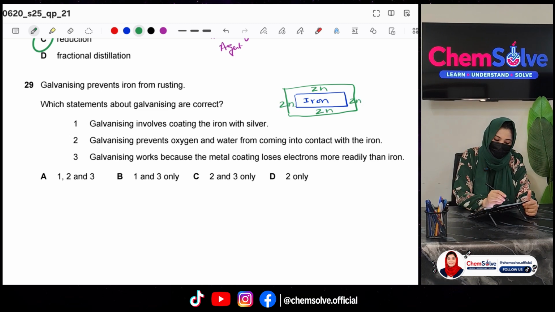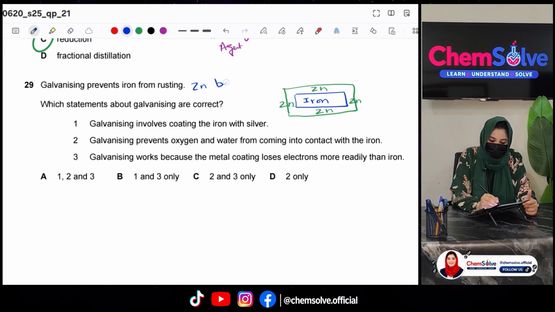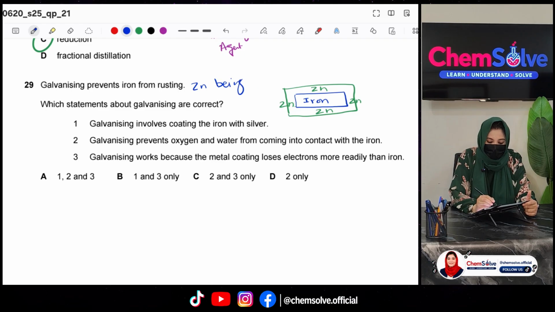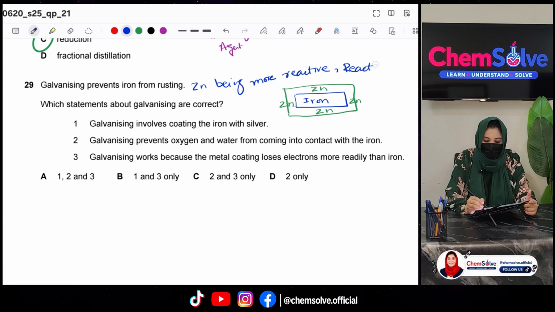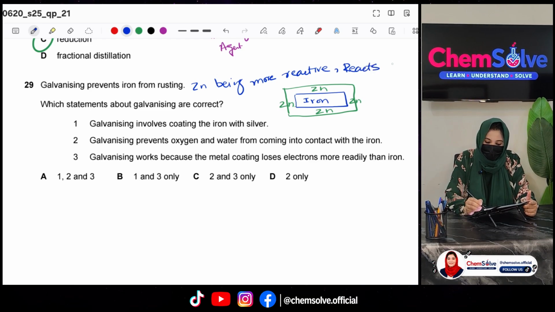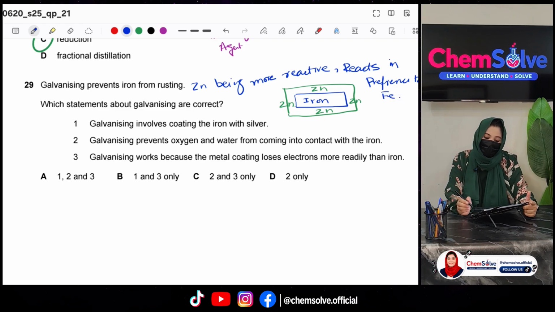And zinc, being more reactive, reacts in preference to iron. This is the whole mechanism of galvanizing.